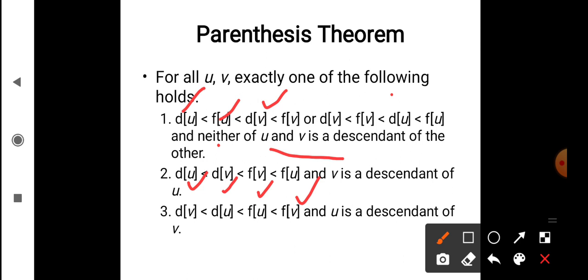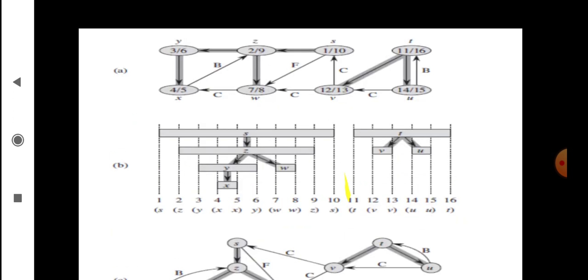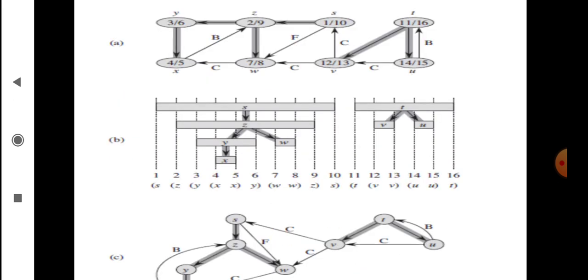That means the discovering time of the descendant is greater than the discovering time of its parent, but the finishing time of the descendant is less than the finishing time of its parent. This is another example.